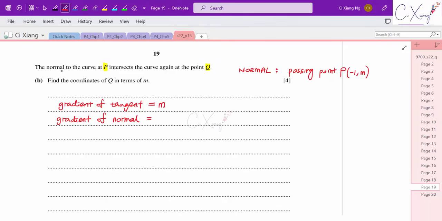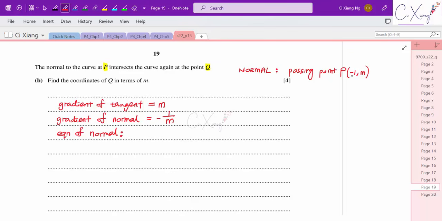So for this one, the gradient of the normal should be equal to -1 over m. And since I also have the passing point P, this is the normal at the point P, I can form the equation of the normal.